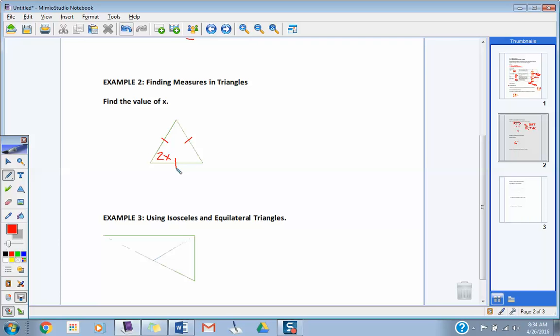Exactly. Let's put this together in our own words right here. The first thing you know about this triangle is what, guys? It's equilateral, which means it's also equiangular. So I'm going to write this down. Since equilateral triangles are, how do we classify this by angles then?